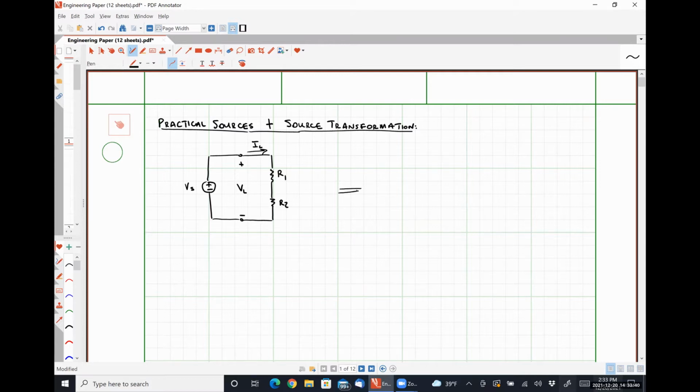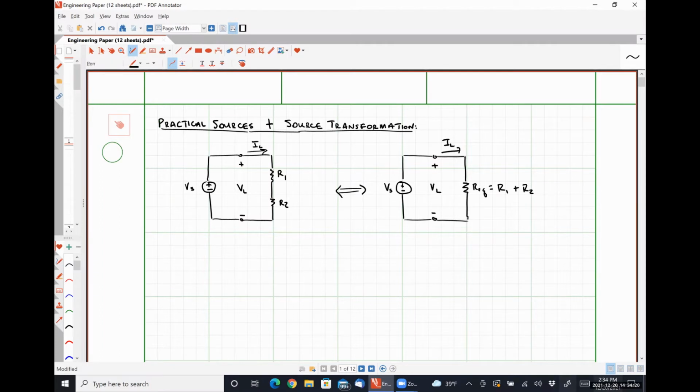We found that that resistor network was electrically equivalent to a single resistor Req equal to R1 plus R2, where this voltage drop VL and this current IL would be identical in both cases.